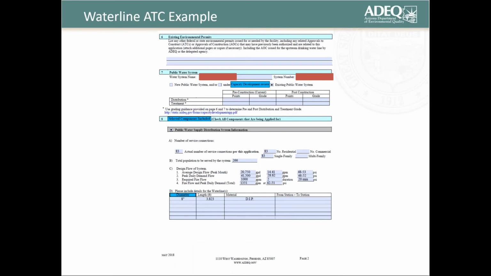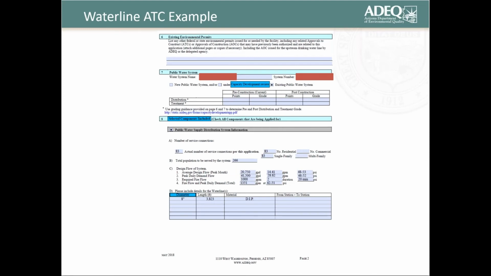So moving on to page 2, section 6 can be number of service connections.